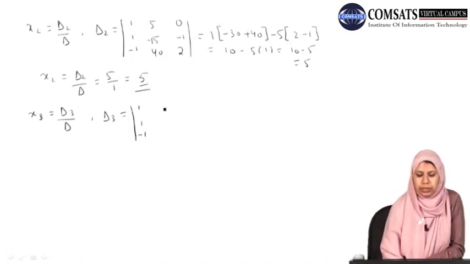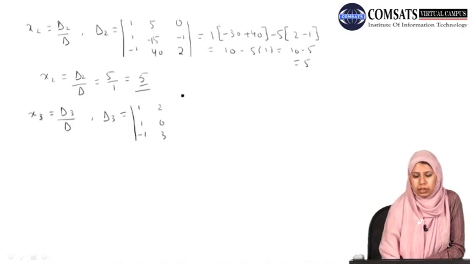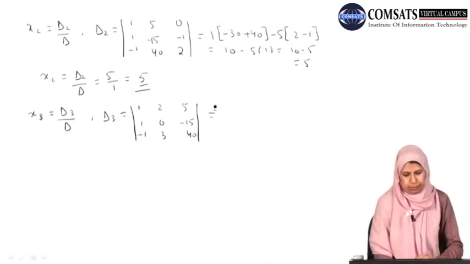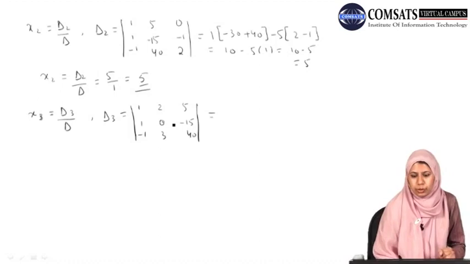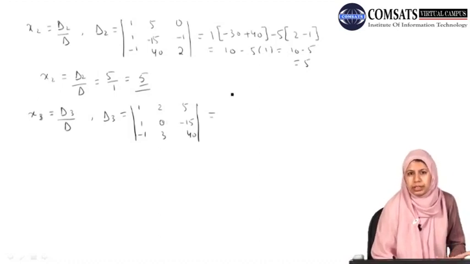Our second column will be 2, 0, 3, and the third column will be now replaced by the matrix of constants, which is 5, minus 15 and 40. And now calculating the determinant. Okay, in this case we can calculate the determinant easily by using the second row, because the second row has one entry 0, but we can also calculate the determinant by using any row or column. So we go with the first row.